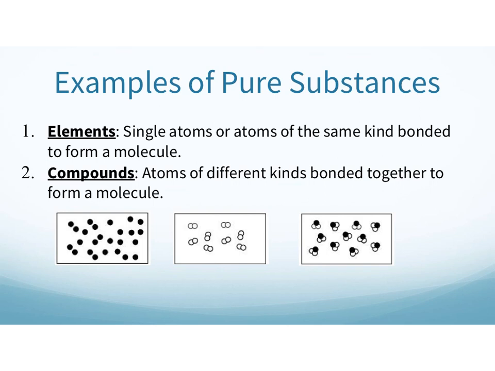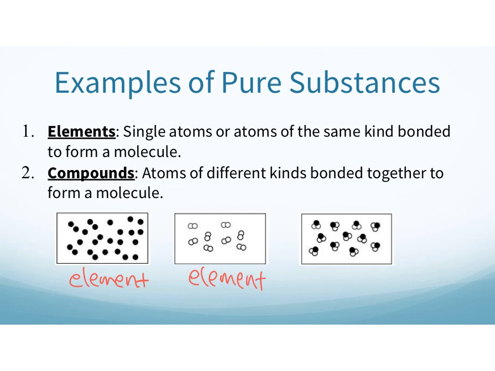Okay, so here we can see some different pictures below, so we can identify these as either elements or compounds. In my picture on the left, I see single dots. They all are the same, so this is going to be an element. In my picture in the middle, I see two dots bonded together, but each one of those dots is an open circle, and they're the same color. That indicates to me that it's two of the same kind of atom bonded together, so this is also an element.